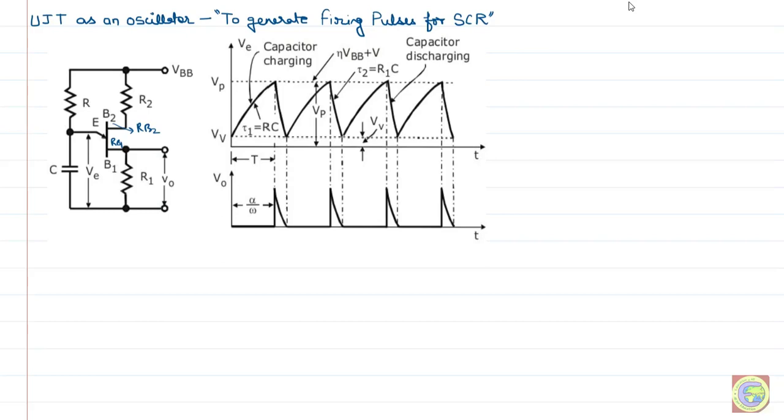Ultimately we can use the output voltage V0 to generate firing pulses to trigger our SCR. These are positive firing pulses. However, across R2 we can generate negative firing pulses also.